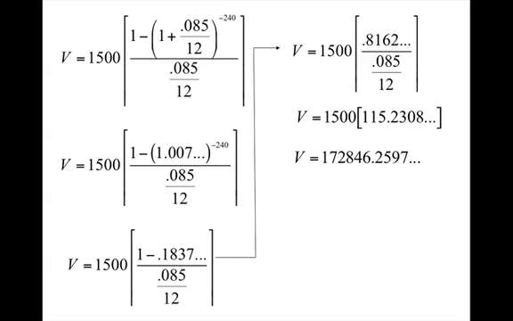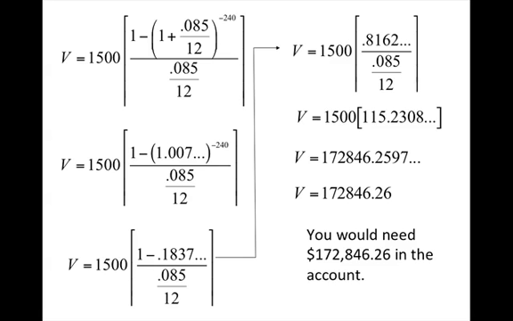Since this is money, round it to 2 decimal places. So we get 172,846.26. So you would need $172,846.26 in the retirement account in order to make $1,500 monthly withdrawals for 20 years.